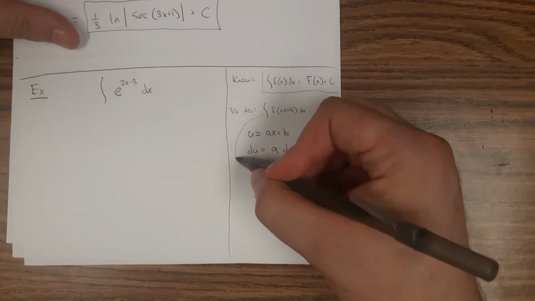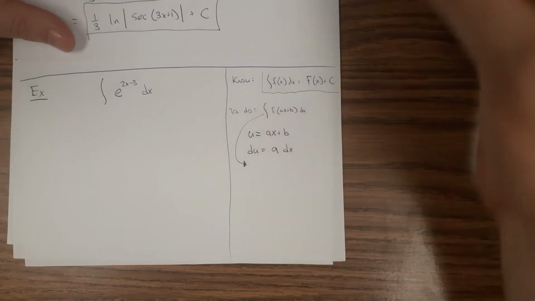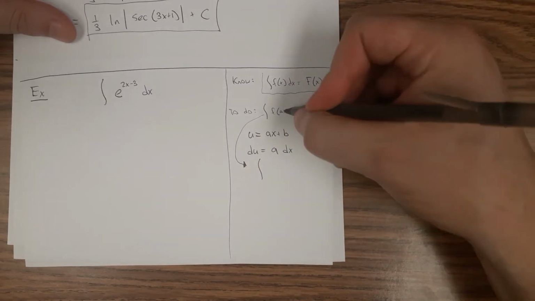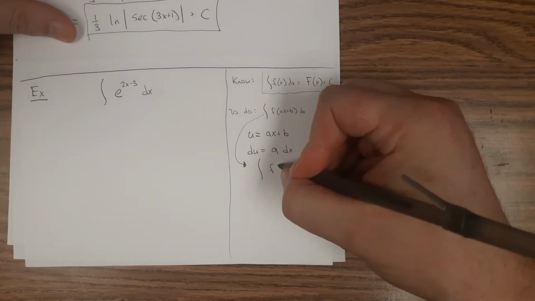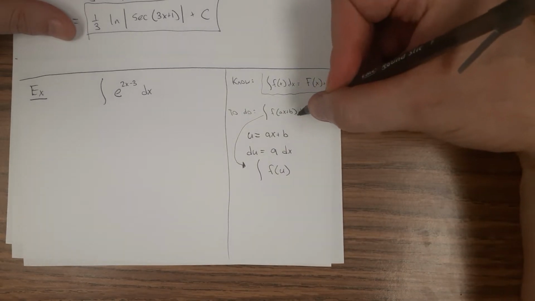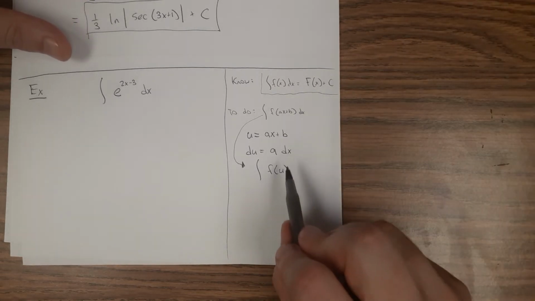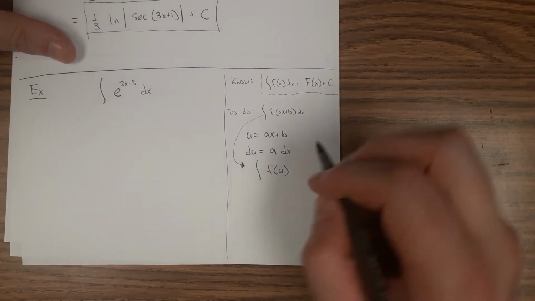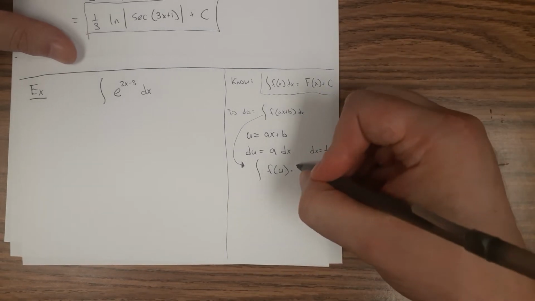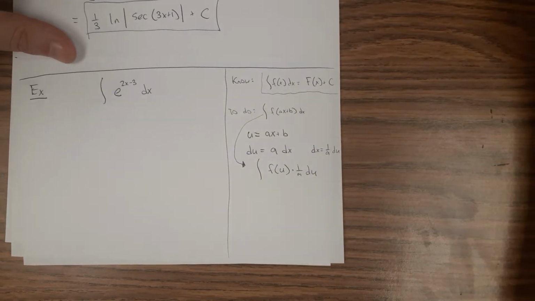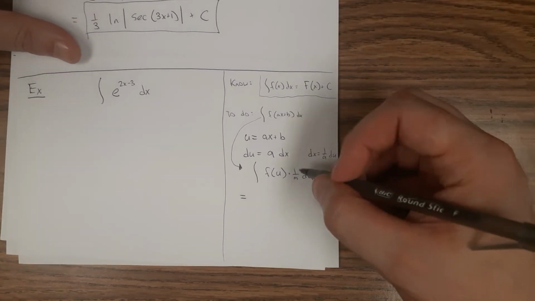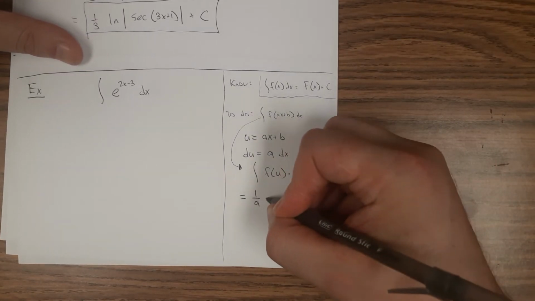And then I'm going to take this integral, and this is where I start step 2. I want to complete the substitution. Obviously, I made this u for a reason, so this is f of u. And then the dx is still not accounted for, but I can do the standard trick. I can solve for dx here. It's 1 over a du. Right? And now the 1 over a is just a number that I can pull out.